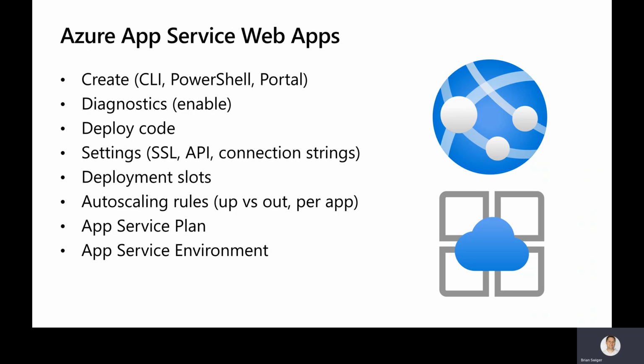Also settings, you can store SSL, API, connection string type settings for applications. Understand those capabilities. Deployment slots, very important concept. So you really want to look into deployment slots and how you can do slot swapping, some of those key features.